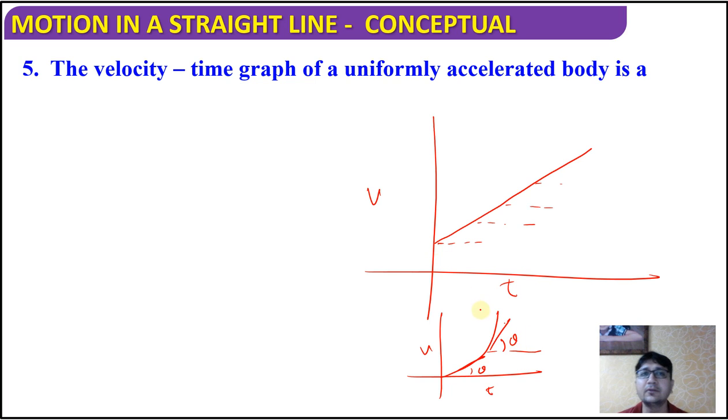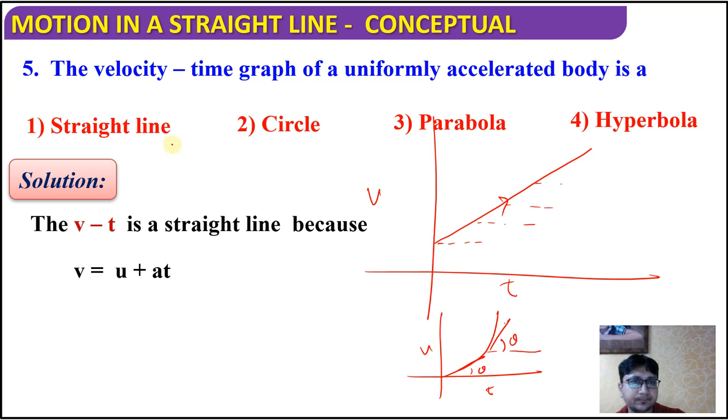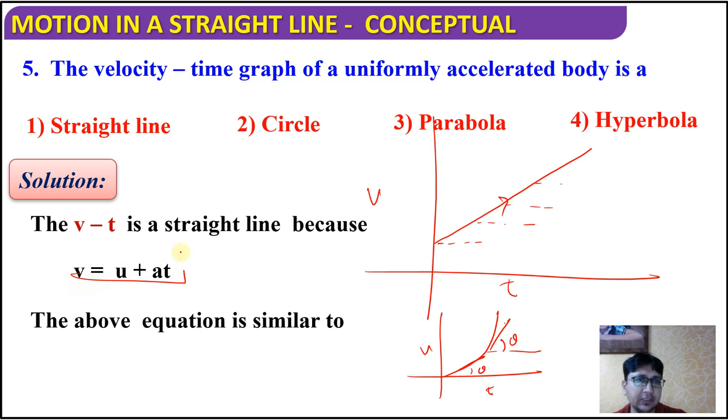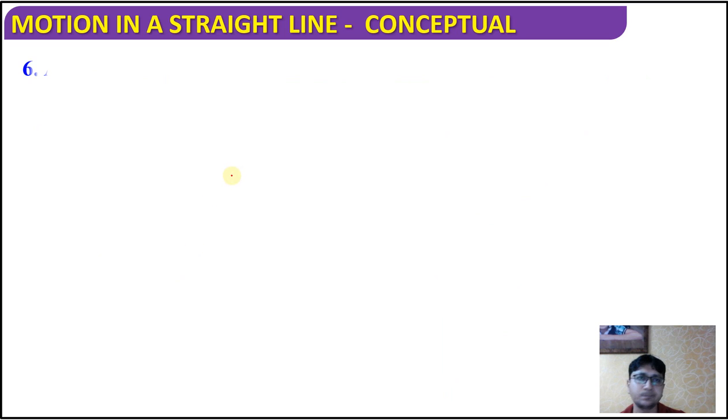As we know, the slope of the VT graph gives acceleration. So the answer must be a straight line. Yes, v equal to u plus at is a linear relation, so it should be in the form of a straight line.